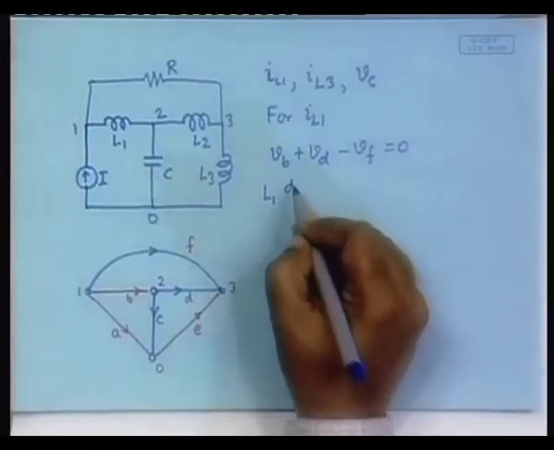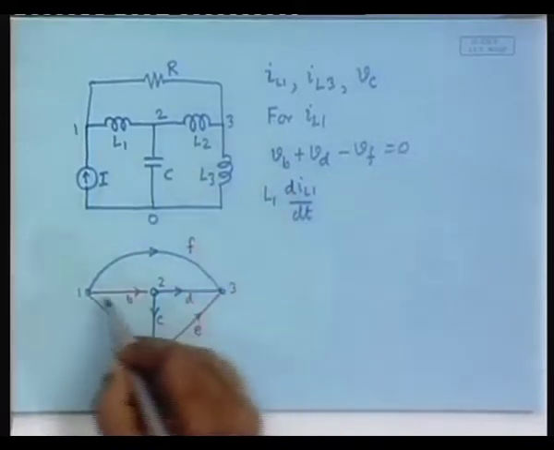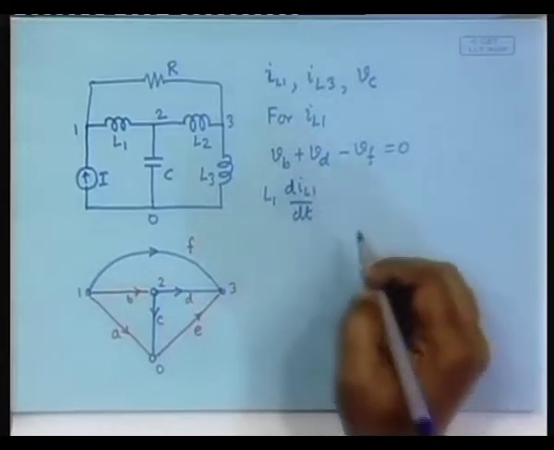So let us write it. It is VB plus VD minus VF is equal to 0. VB is L1 d IL1 dt. VB is this. VD as yet we do not know.